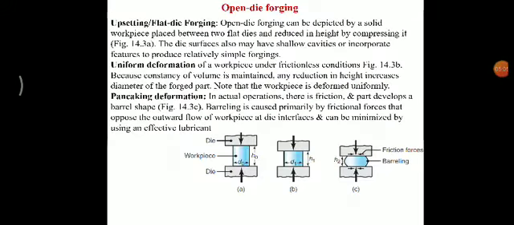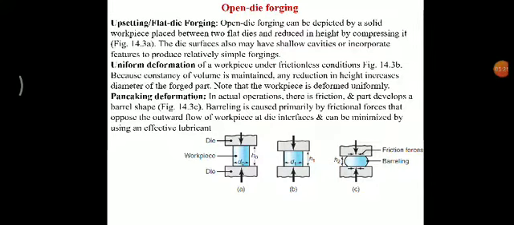Further, there are different types of die forgings. Basically, die forging is of different types. One is upsetting die forging, meaning whenever we are performing the forging of the metal in the open environment, it is called open die forging.